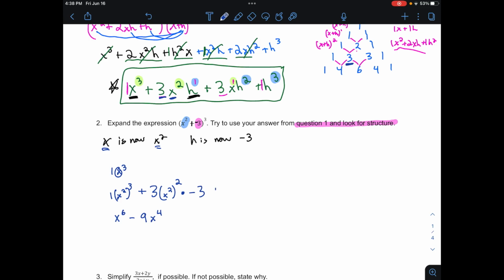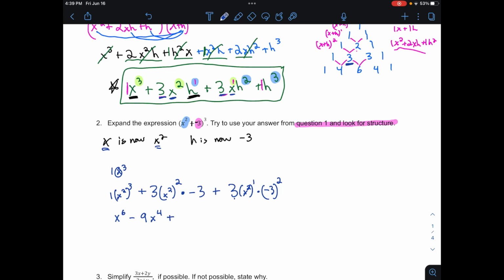Then we go to our next term, plus 3 x to the first. But remember, it's x squared, and then that to the first, because x is now x squared. And then h squared, but h is negative 3, so times negative 3 squared. Negative 3 squared is going to give us 9, and 9 times this 3 is going to give us 27.